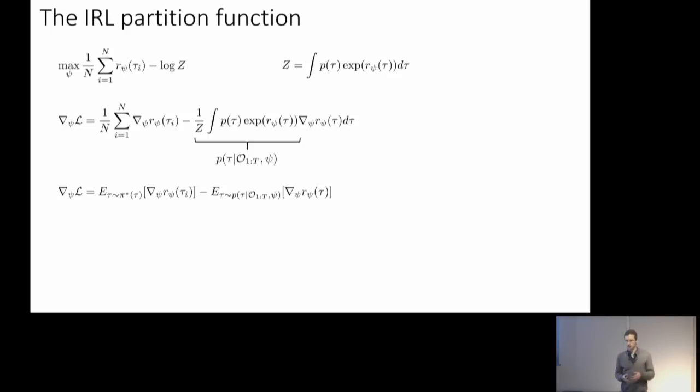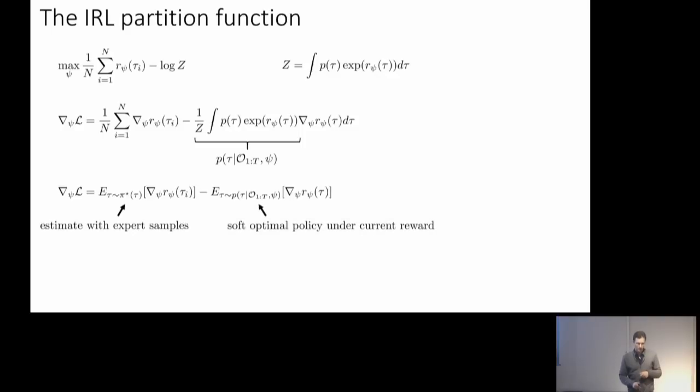It's like saying, let's make the reward big for things the expert visits, and let's make it small for things that your current policy is trying to visit. The first part you estimate using samples from the expert, those are your demonstrations. The second part we're going to estimate by calculating the maxent optimal policy for the current reward using the stuff from Wednesday, and then figuring out this expectation.